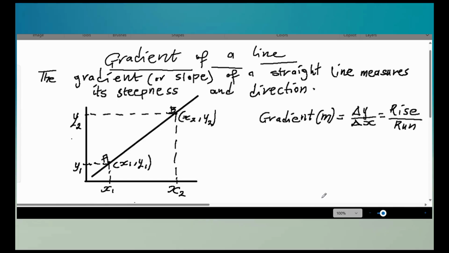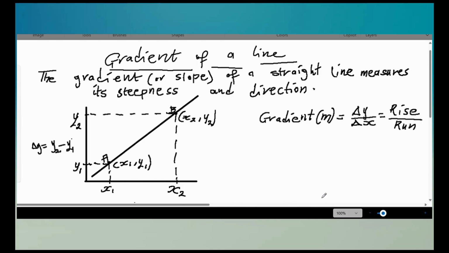That is what is termed as the change in y, and that change in y is equal to y2 minus y1. So assuming y1 is 2 and y2 is 4, then the change is going to be 4 minus 2, which is going to give us what?